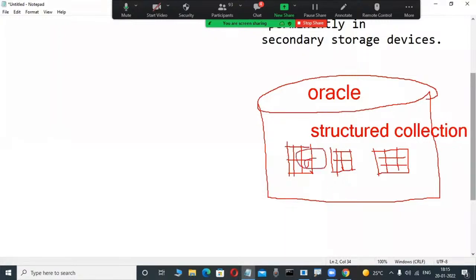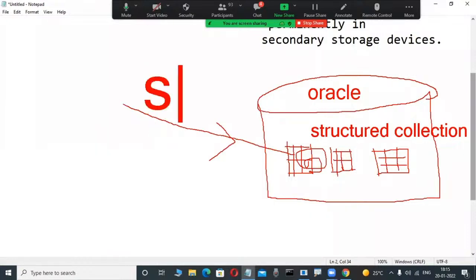Once we have a structured collection of data, to operate on this data some language is required. What is that language? Maybe anybody has an idea? SQL is a language, Structured Query Language. Through this language only, we operate on this structured data in relational databases.